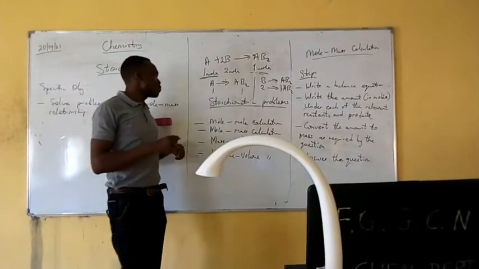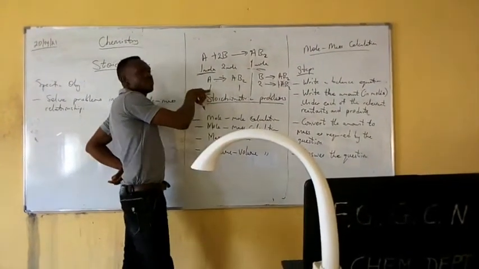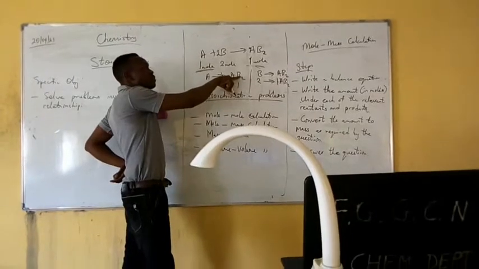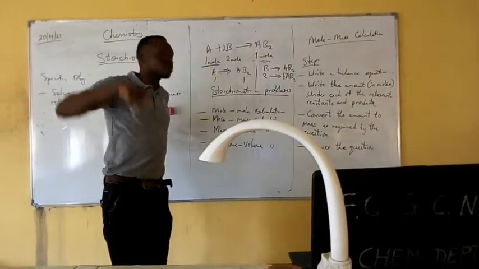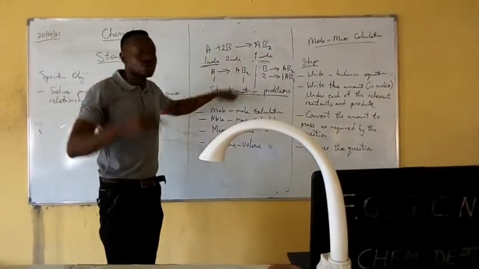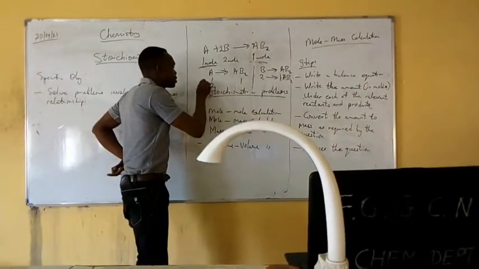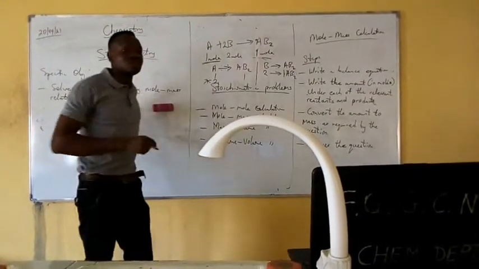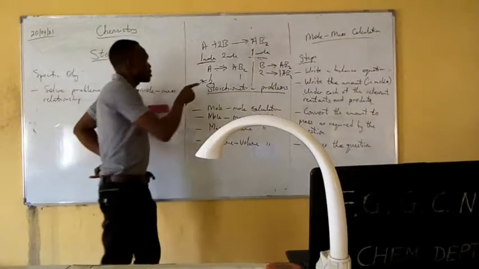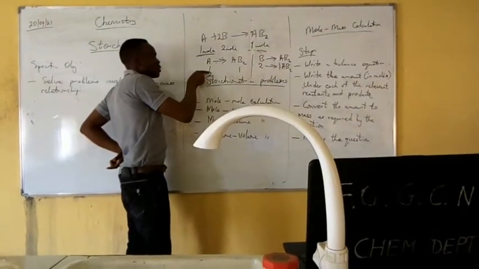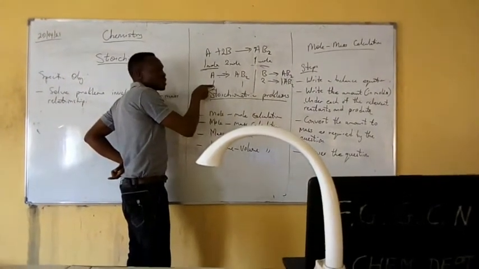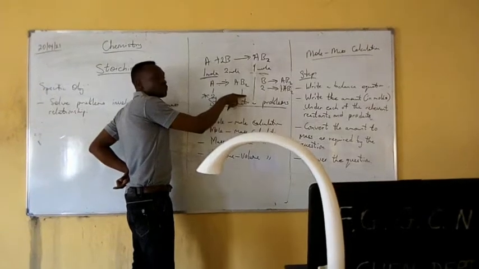So from here we may ask: if 1 mole of A is needed to produce 1 mole of AB2, how many moles of AB2 will be produced if we are using 2 moles of A? I repeat, the stoichiometry here is that 1 mole of A is needed to produce 1 mole of AB2.